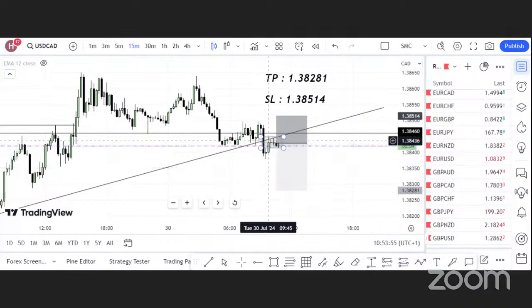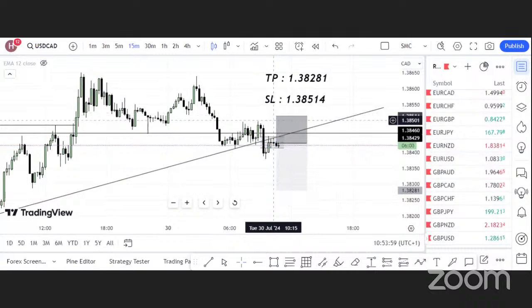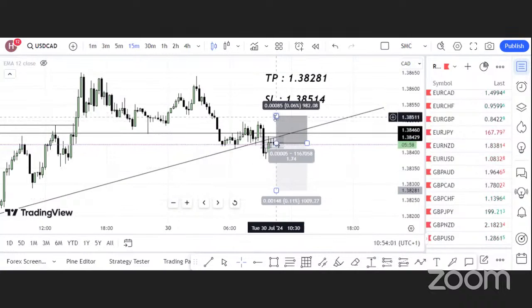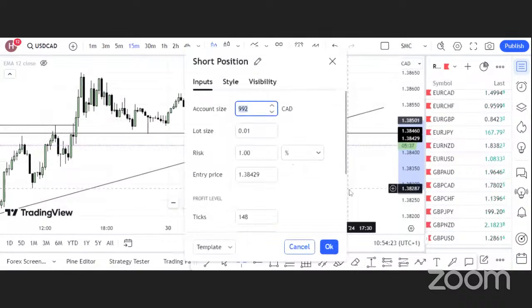So we have our entry, our TP and stop loss. Okay, I think the stop loss should be here. I think where I had my stop loss earlier was too far. I'm just going to edit this, guys.